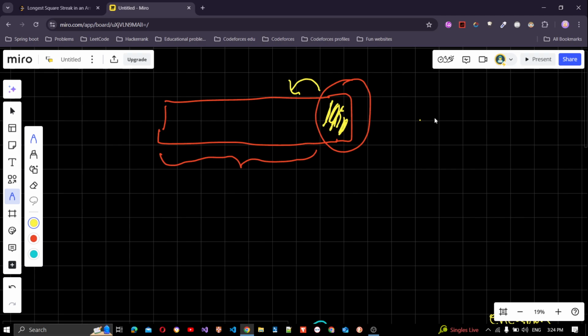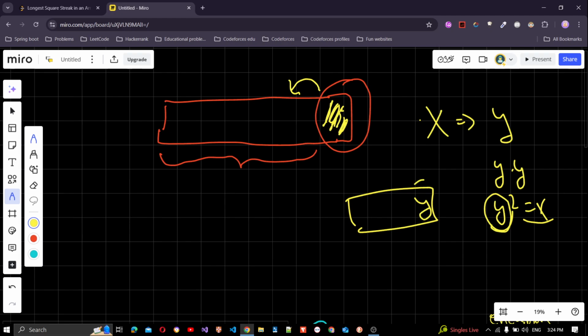So basically, given a value x, if there exists y such that y times y, or y squared, is equal to x, we need to find the length of the sequence ending with y. So say this is x, it's a little bit messy, and this has to be y. So we need to find the length of this sequence.